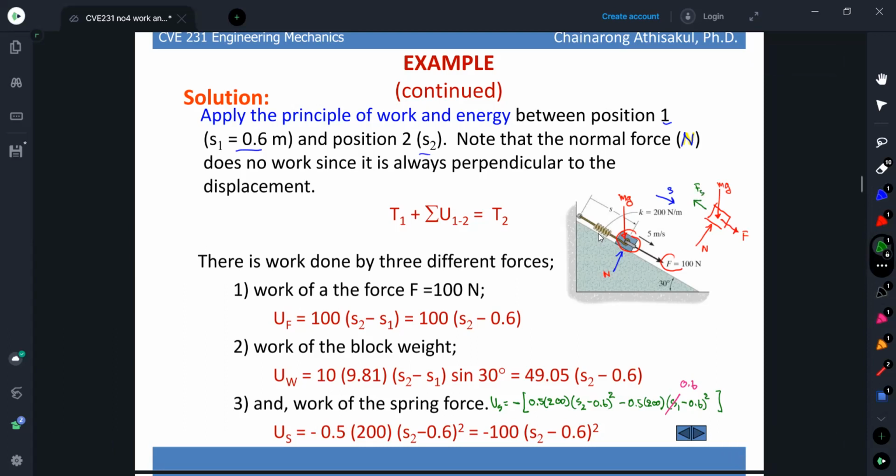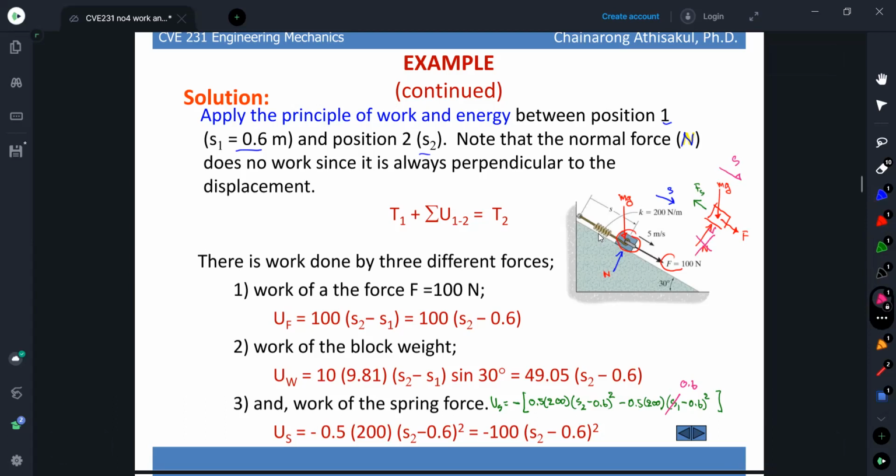If we define the downward displacement as positive, the work done by the normal force is equal to 0, because it's perpendicular to the path of the motion.